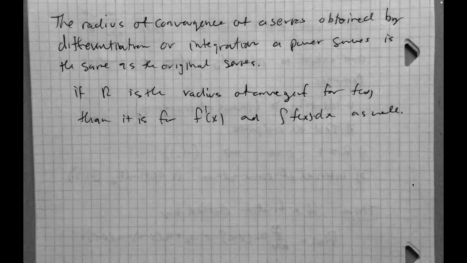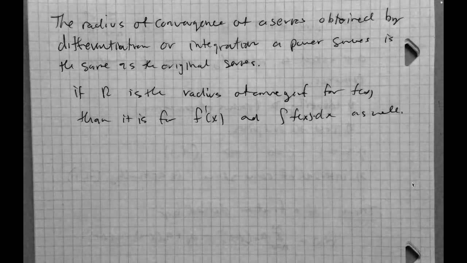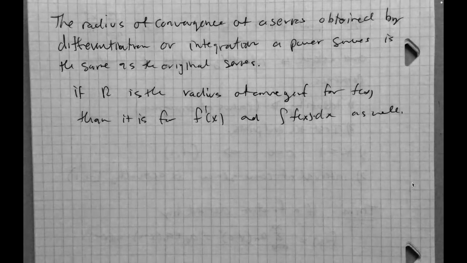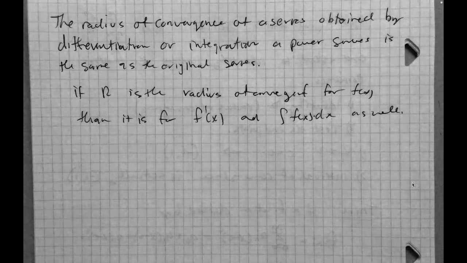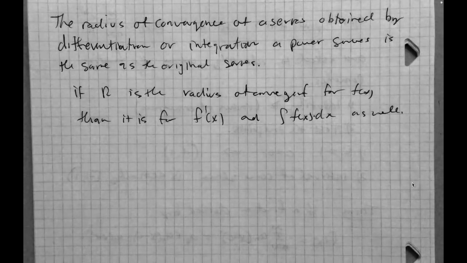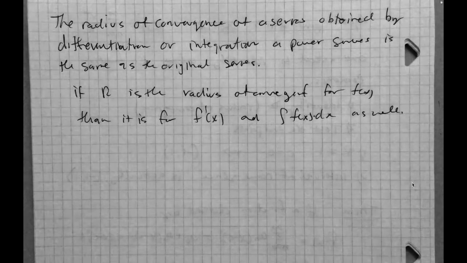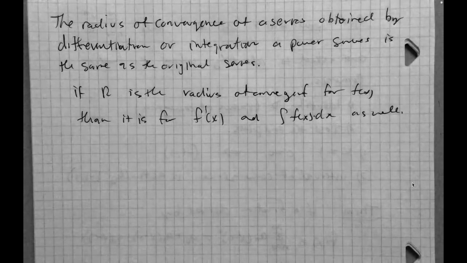All right, so if the radius of convergence for the original function is r, whatever that happens to be, 1, 10, 50, whatever it is, then that same radius of convergence is going to be applicable for the derivative and for the integral as well. Right, so that's very convenient, and I suppose probably as you might expect too.